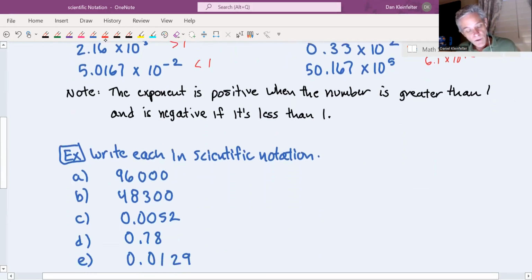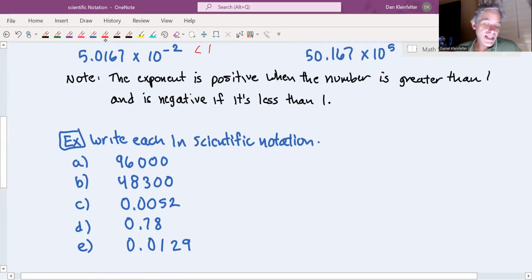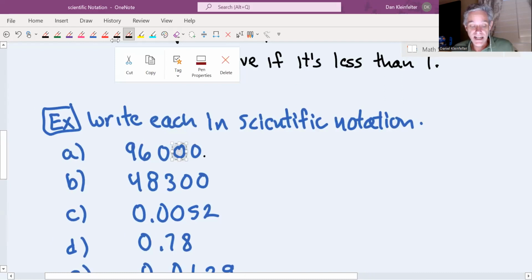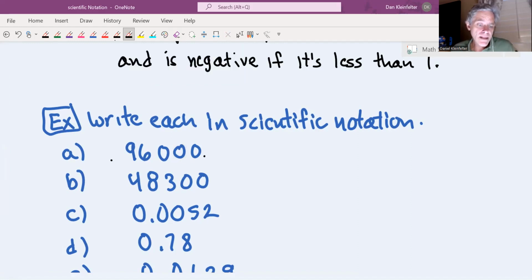Okay, so we want to first be able to write numbers in scientific notation from our regular, what we'll call standard notation. So if we're going to write each of these numbers in scientific notation, that means that we need to adjust the numbers so that the decimal point, instead of being after the last digit, in this case on the 96,000 after the third zero, we need to make it so that our A is in between 1 and 10.